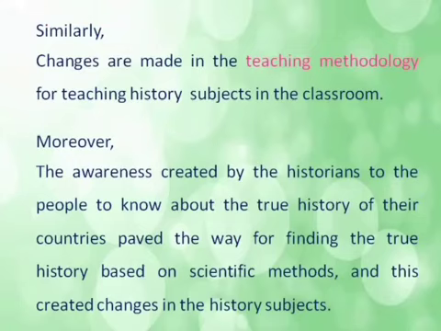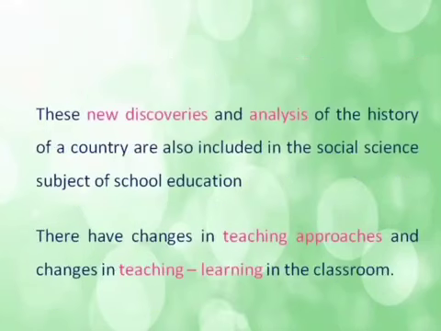Some historians have given awareness for the research scholars to find the true history based on their views. Here based on their views and analysis, some of the new things will be added. Some of them are added in the social science subject. Then these are the changes brought in teaching approaches and also in teaching learning process.